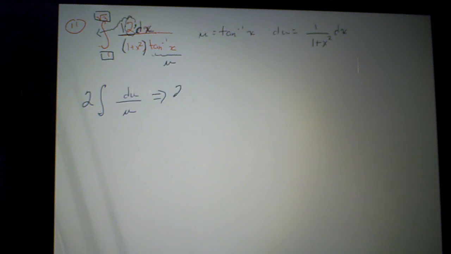Of course, I can look at this as u to the negative 1 du. OMG, here comes the natural log. So, right, stuff to the negative 1, I can't power up. So, there I go. Who knew?